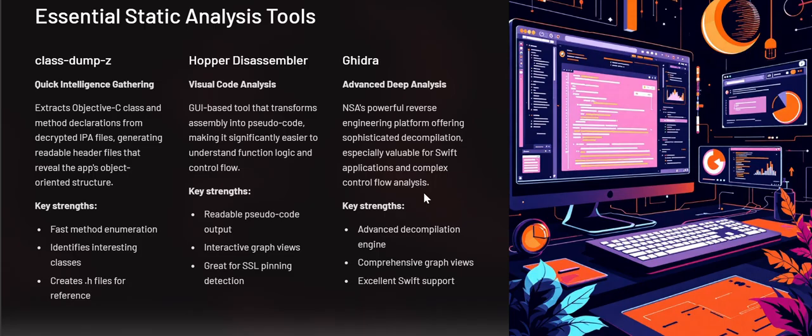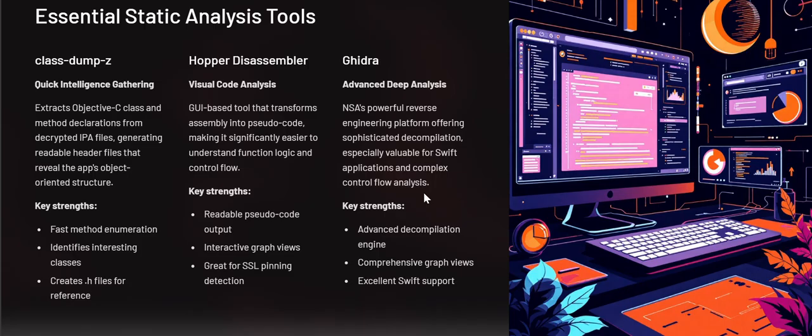First, let's look at class-dump-z. This is a tool that extracts all the class names, method names and properties from a decrypted iOS application. This is super helpful because it shows you exactly what functions exist inside the app.